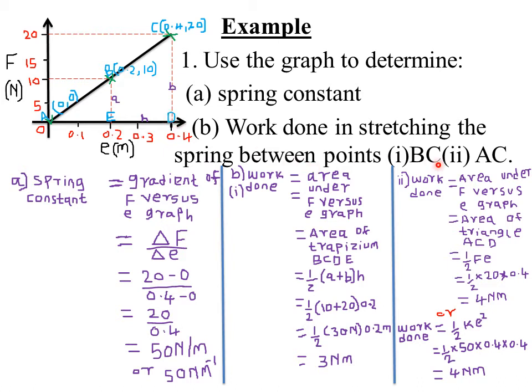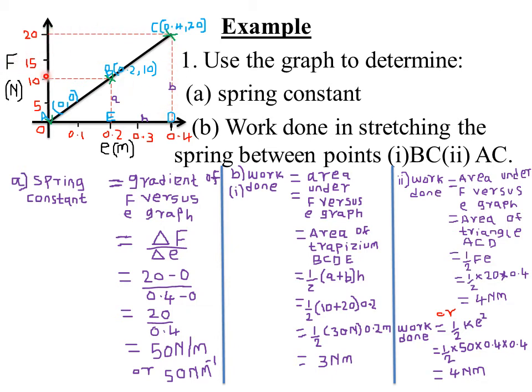Since we have seen that the work done is the area under the graph, and the area under the graph is the area of the triangle ACD, we know that the area of the triangle is a half base times height. The height in this case is this perpendicular distance, which represents the force, because we are moving along the vertical axis.